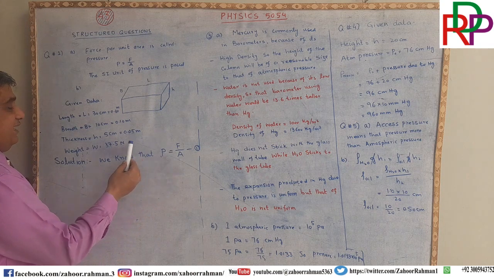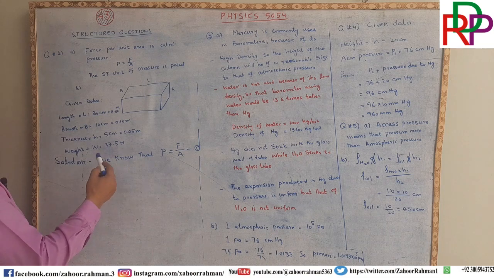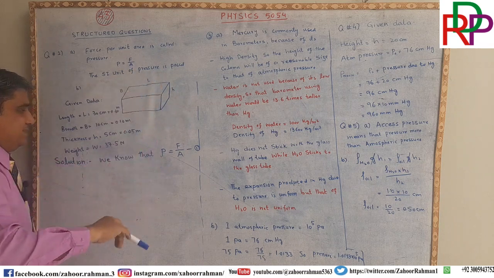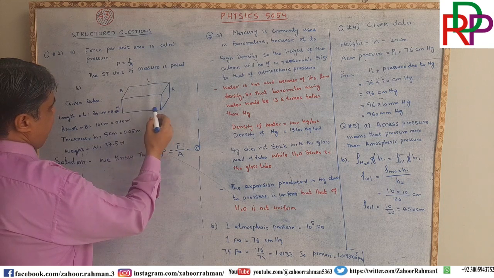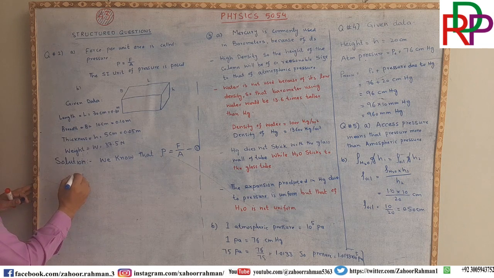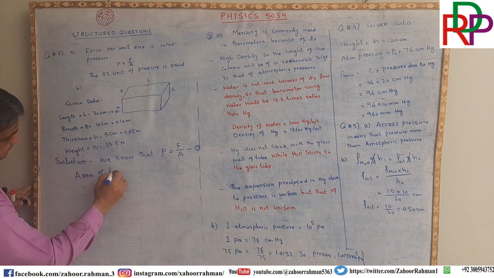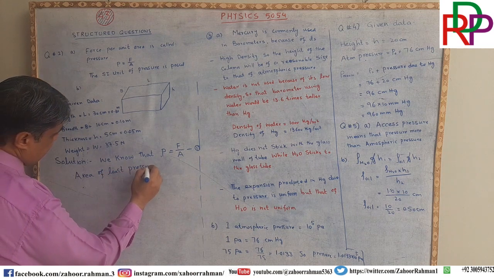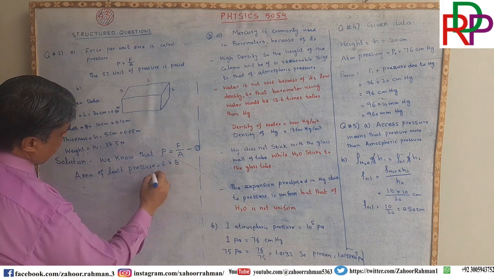We are having F as W, but we don't have A. Now, the least pressure will be at the top because there the depth is minimum, and high pressure will be at this. So first we have to find the area of least pressure, and that will be equal to length into breadth.